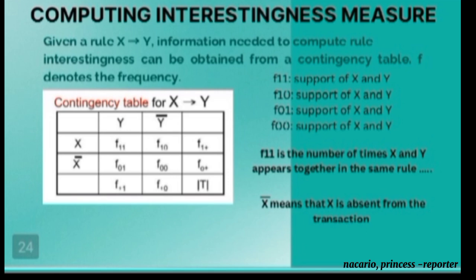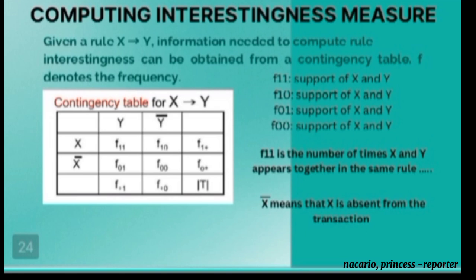Other notations: F1+ is the total number of transactions where X appears whether or not Y is present, that's F11 plus F10. F+1 is the total number of transactions where Y appears, which is F11 plus F01.